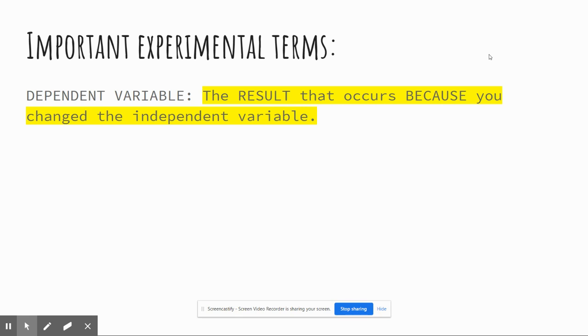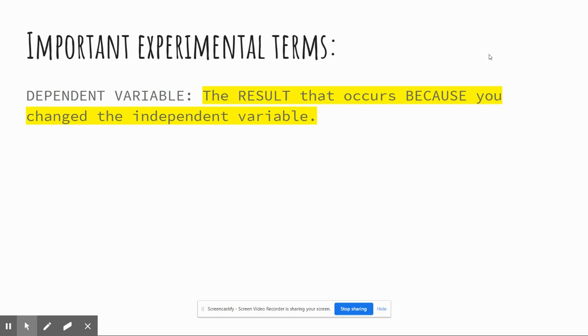So again, if your experiment was, does the temperature of the cup affect how fast a powder dissolves, because you changed the temperature of the different cups, the result that that affects is how fast something dissolves. So that would be your dependent variable because the rate at which it is dissolving depends on the temperature.